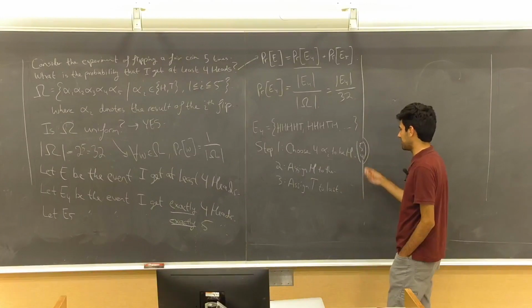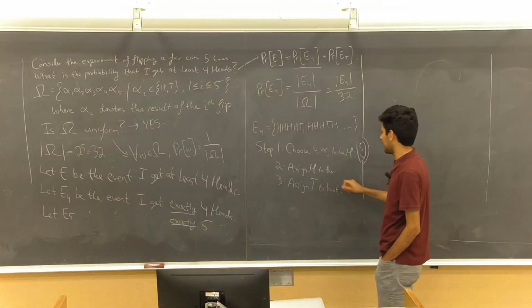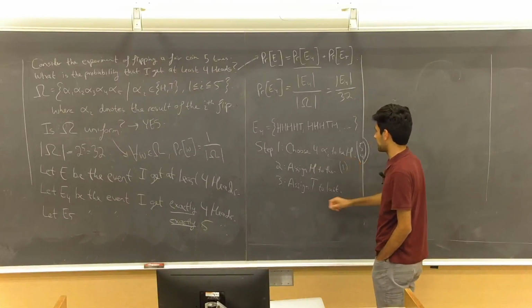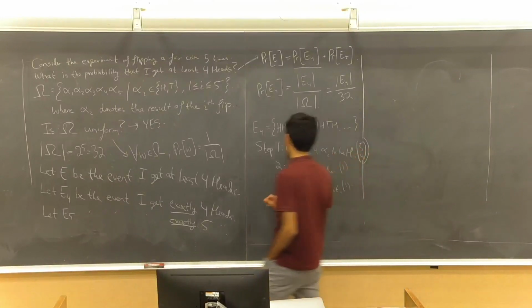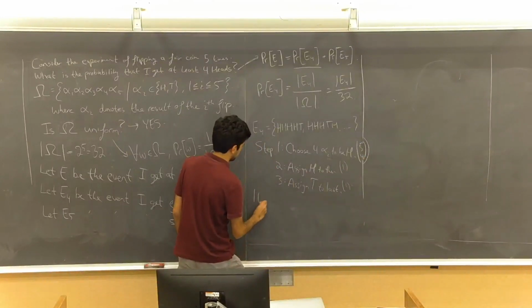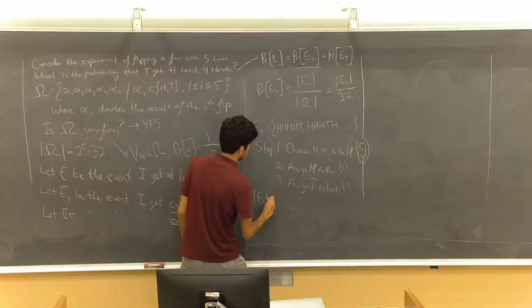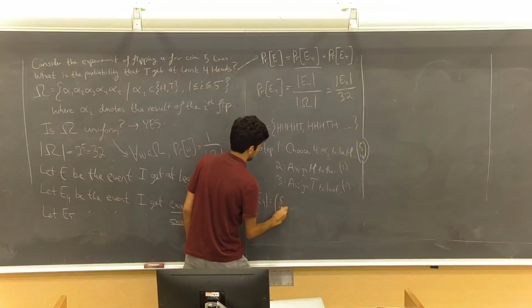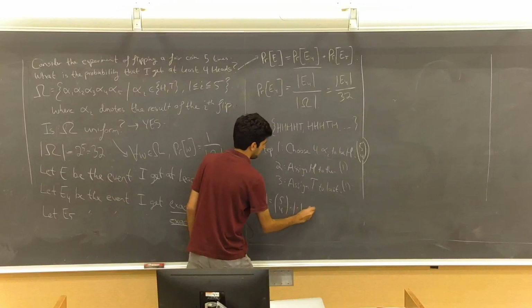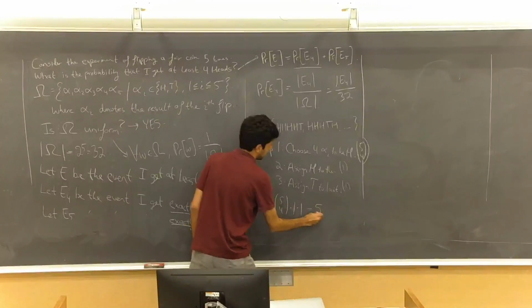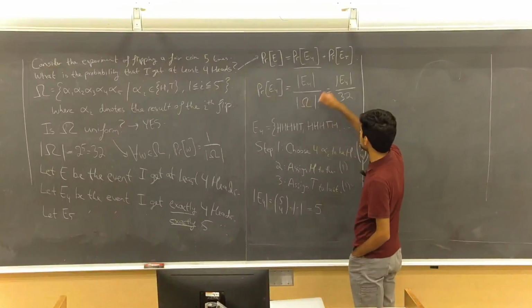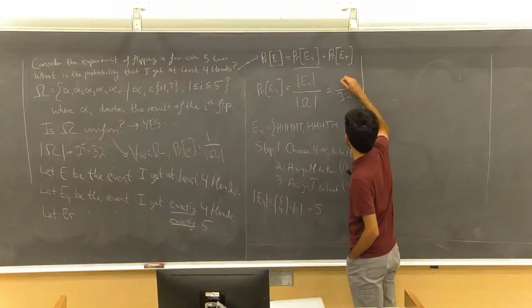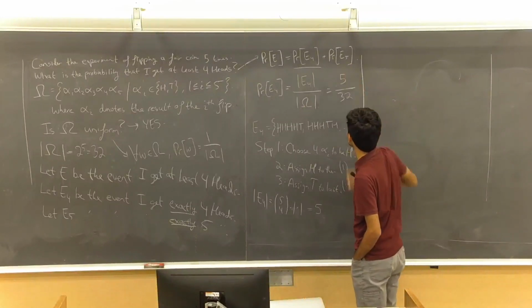These 5 distinct alphas, we're choosing 4 of them. Assigning heads can be done in one way, tails one way. So by multiplication rule, the cardinality of E4 is 5 choose 4 times 1, which is equal to 5. So that means the probability of E4 is 5 over 32.